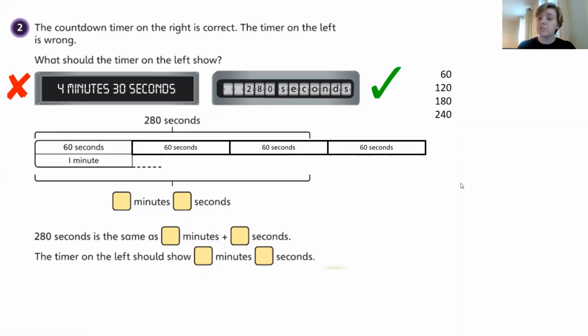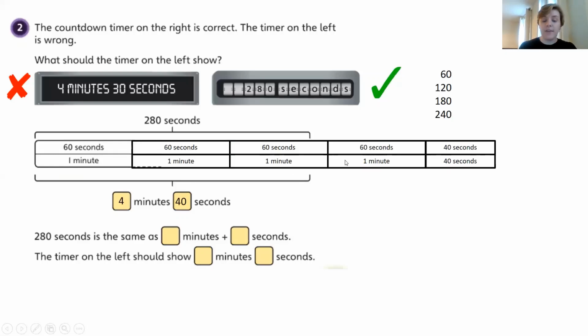But I've still got some time left over to get to 280 seconds. So 240, 250, 260, 270, 280. That's another 40 seconds. Okay, so it's made up of 4 lots of 60 seconds plus 40 seconds. Now, all that's left to do is to convert those into minutes.